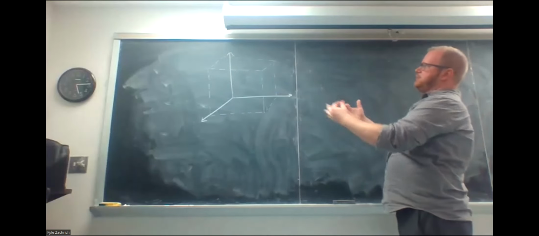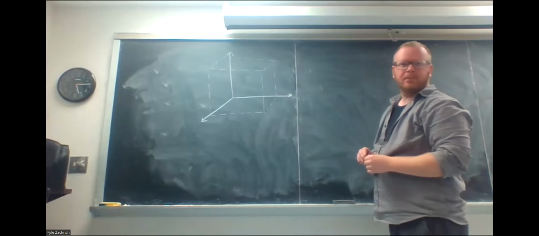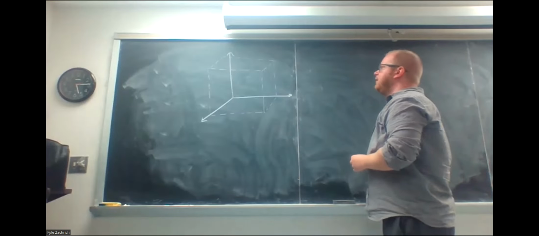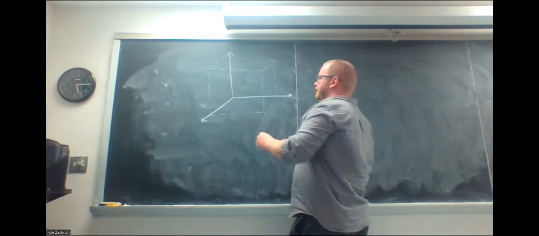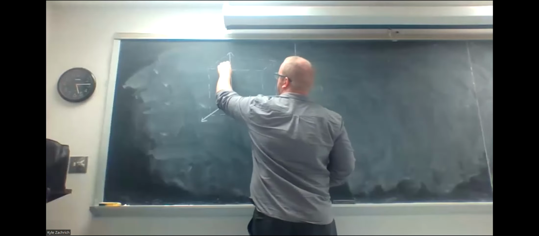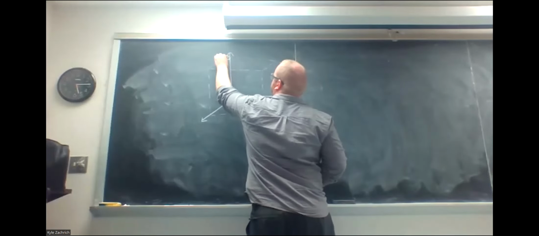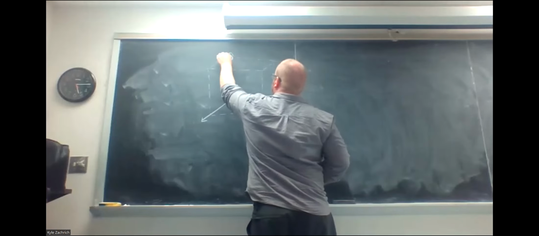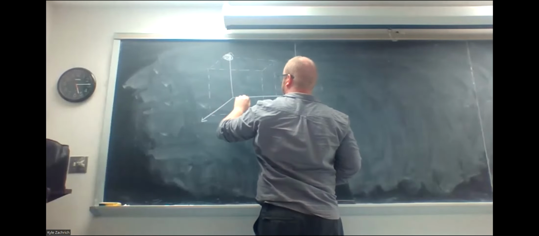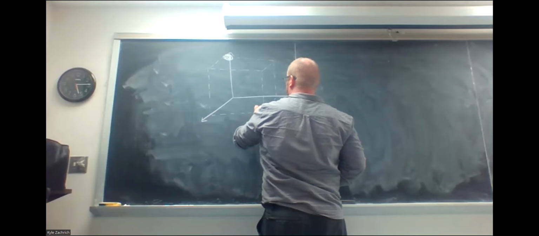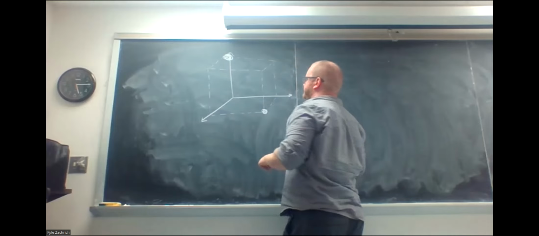So let's say they give you this rectangle here. Hopefully that's showing up at least a little bit on here. And let's say they tell you that this is one point they're interested in, and this is the other point they're interested in.